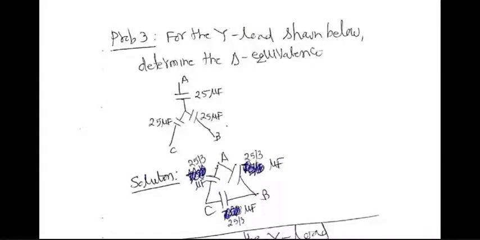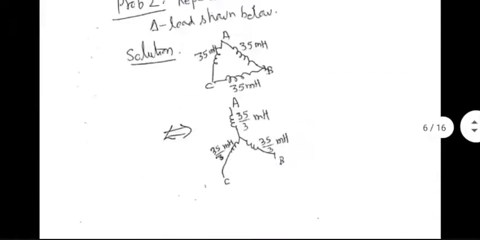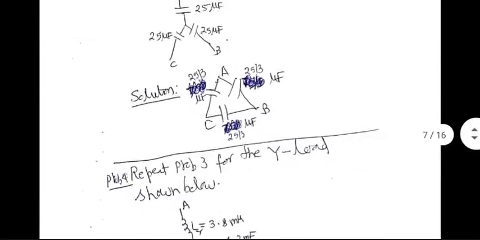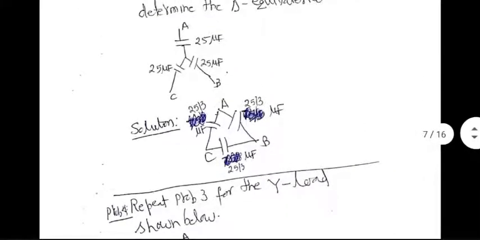But look at the fact that whatever happened in case of inductors, we'll now see the opposite of that. Here the inductors were divided by 3 when going from delta to star. So now the capacitors will be multiplied by 3, which is what I think we are seeing.